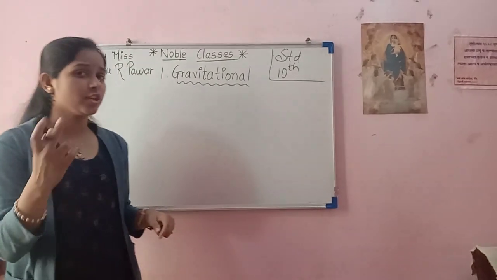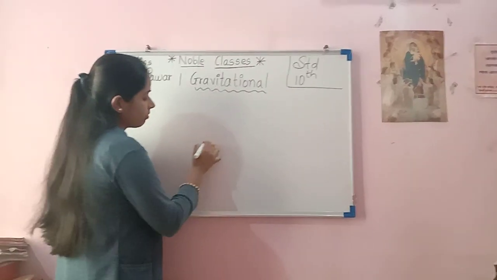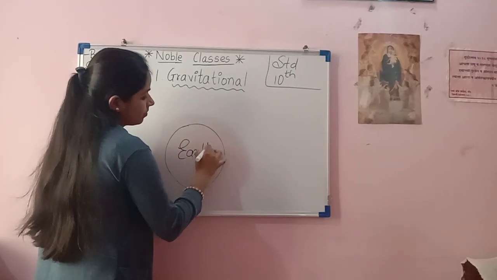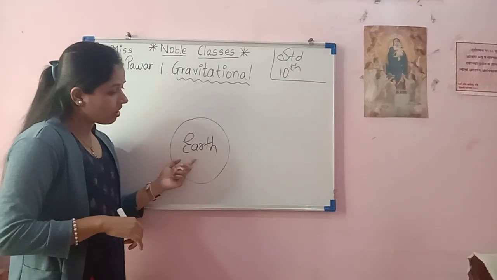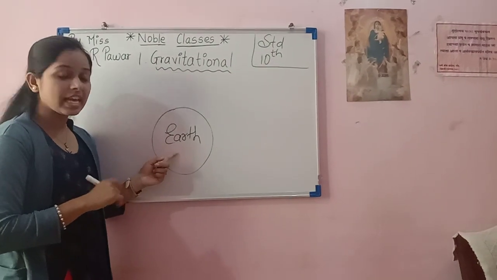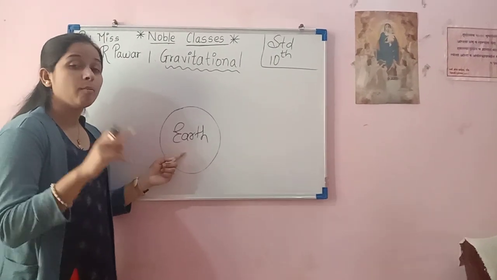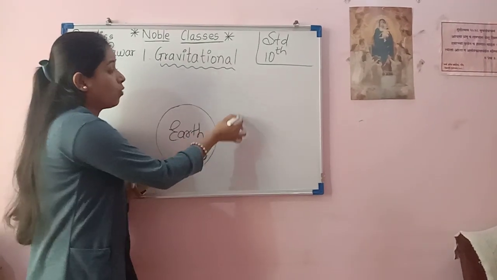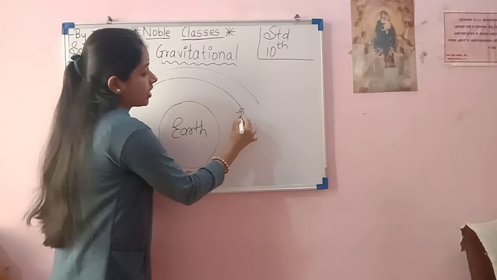Now why is it the weakest force? One example. This is Earth. Earth is exerting which force? Gravitational force. But even though Earth is exerting gravitational force, we can launch satellites and rockets in outer space, right?